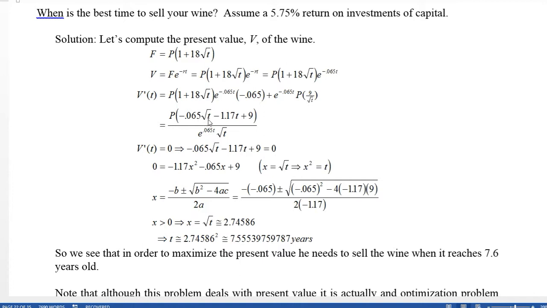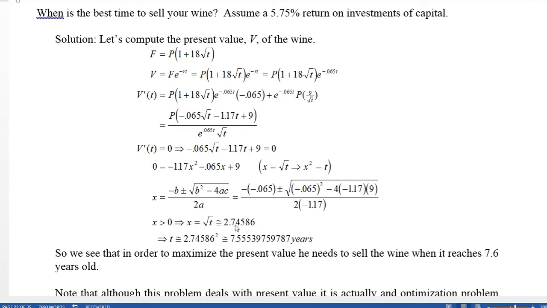But in any event, we see when the numerator is 0, and so we do that right here, and we can let x be the square root of t, so x squared is t, and this is a quadratic equation, so we can use the quadratic formula here, plug in the appropriate numbers, work it out, and we get x.